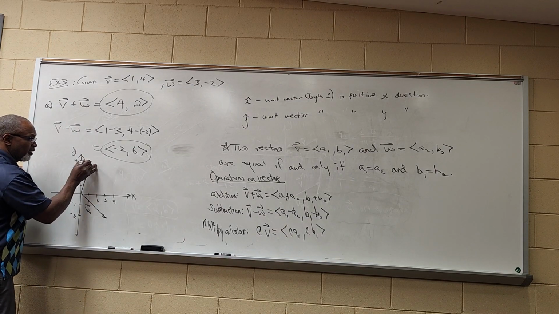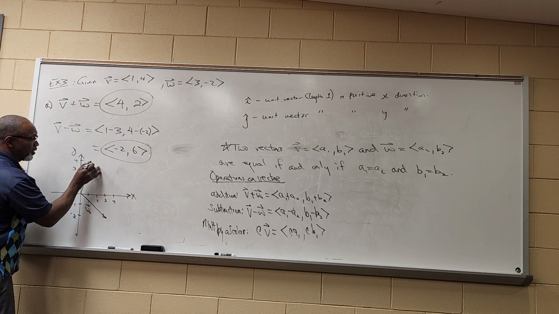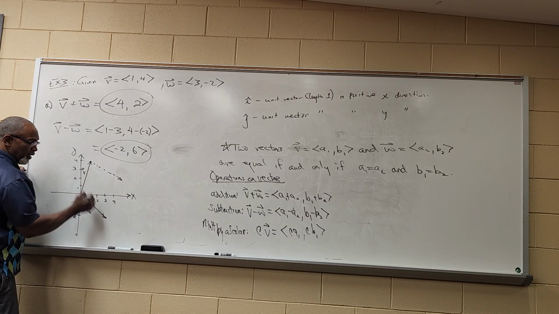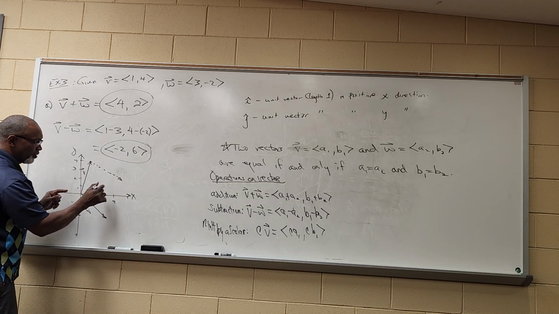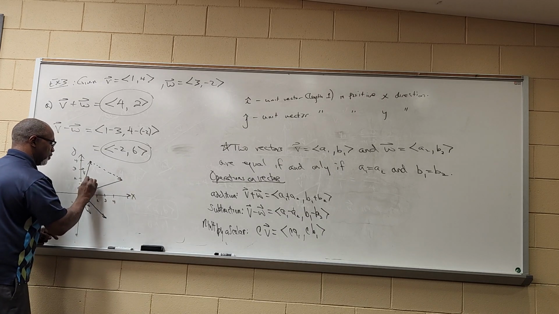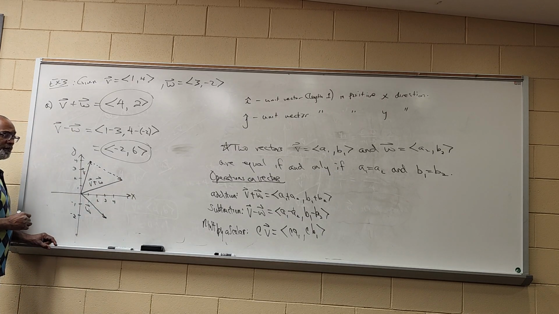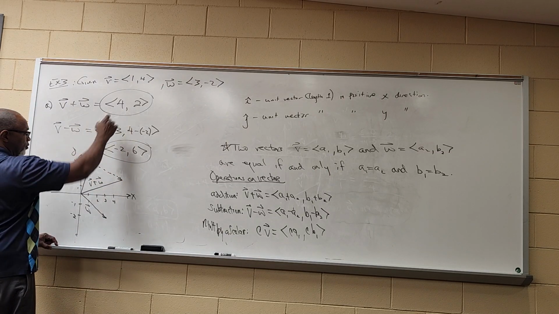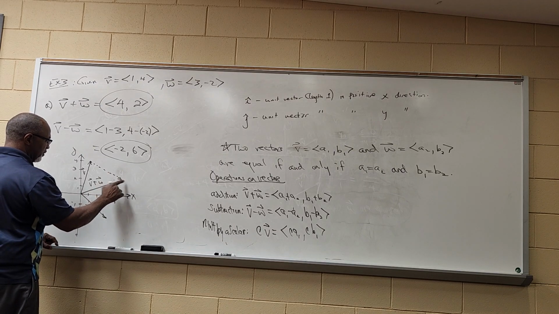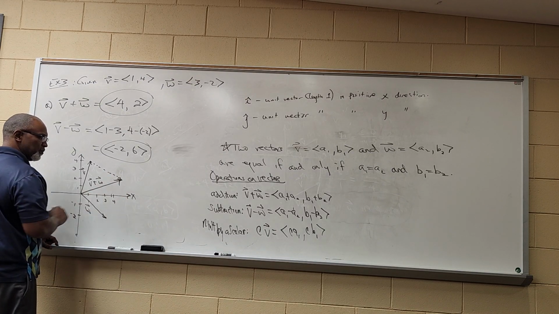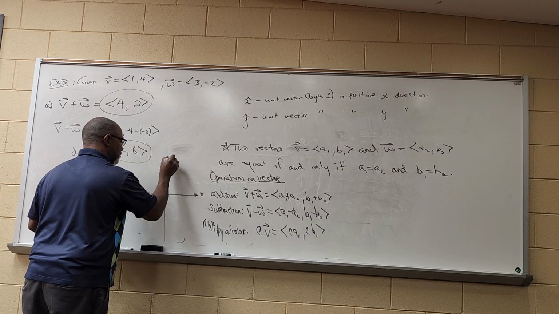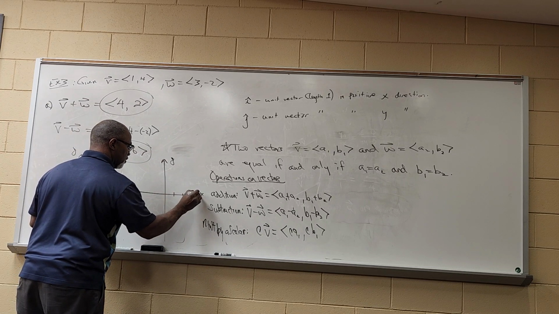If you do V and then come to the terminal side of V, then do, let's do V plus W first. So V plus W, I come to the terminal point of V, then I do W. Again, same length, pointing in the same direction. Then this would be V plus W. V plus W is 4, 2. So again, I'm doing this by hand, but this should be 4, 2. Okay? And then let's do the negative one, the subtraction. X, Y. 1, 2, 3, 4.